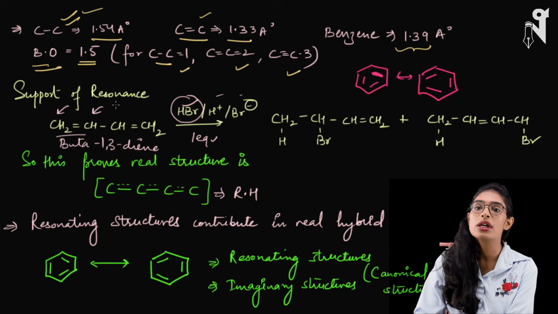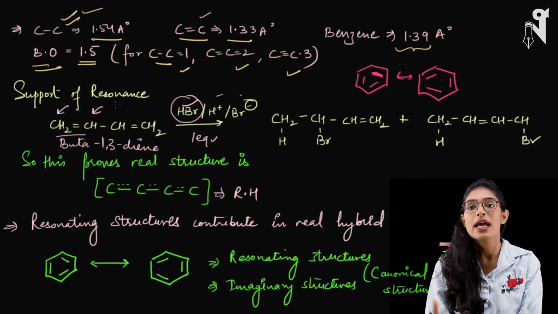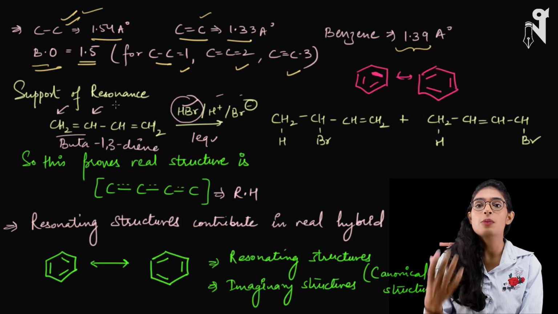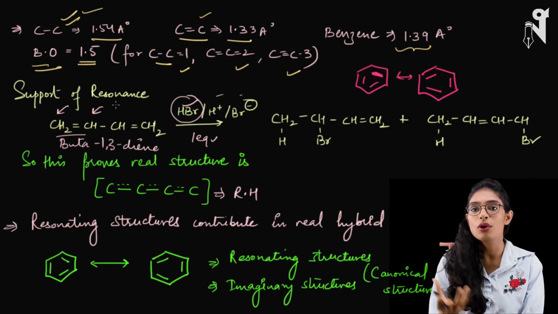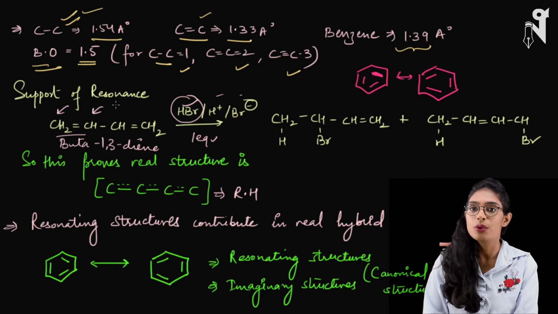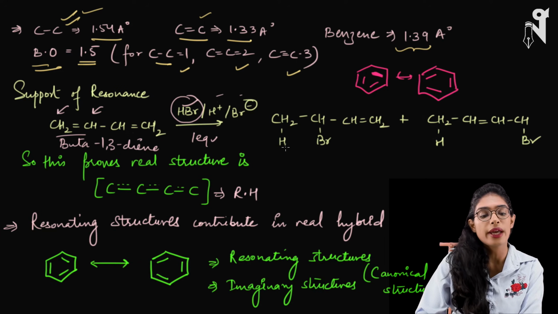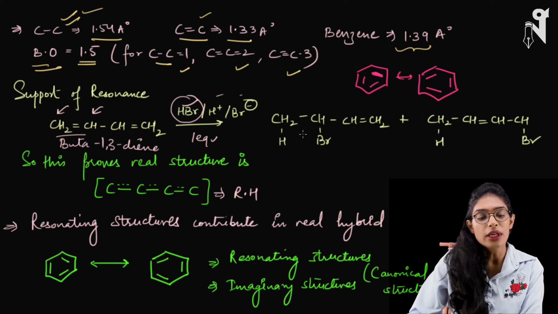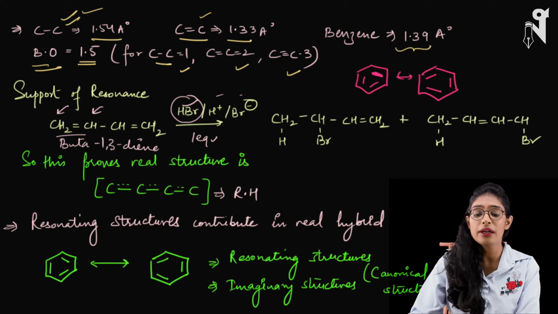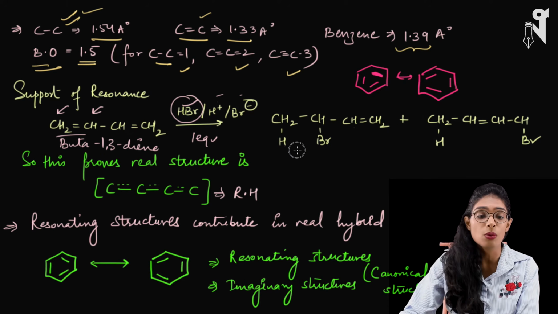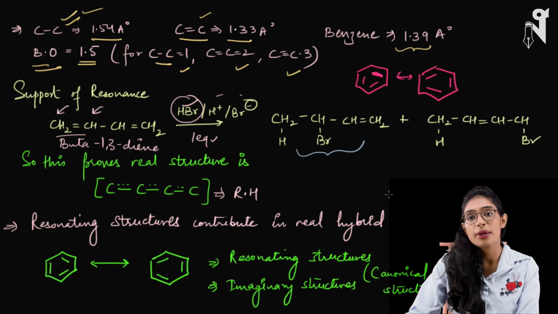Basically, hydrogen goes to the carbon which has more hydrogens, and the negatively charged part, here bromine, goes to the carbon having fewer hydrogens. So it will form CH3, CHBr, single bond, CH double bond CH2. This was the product we expected, and it was there in the reaction mixture.